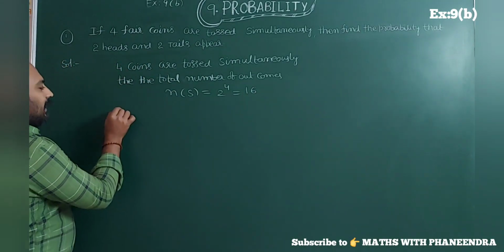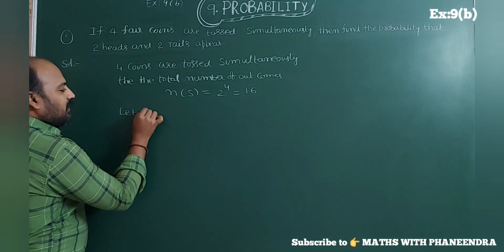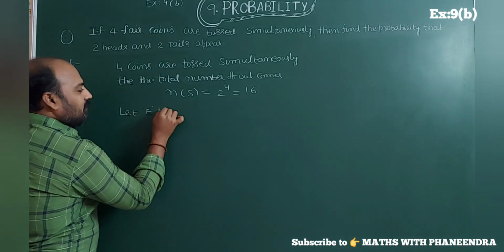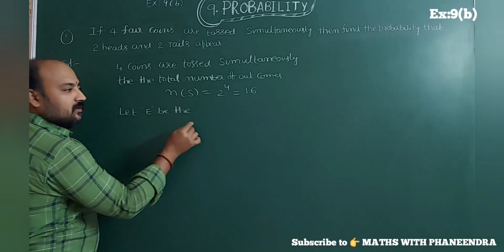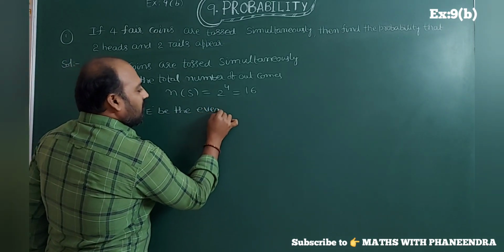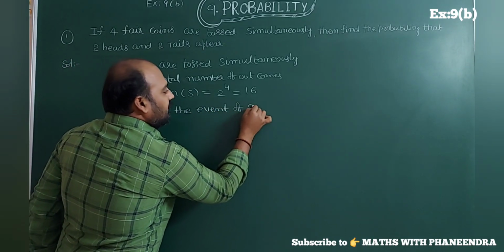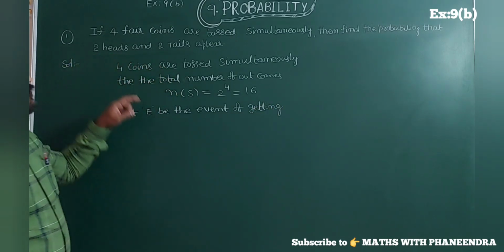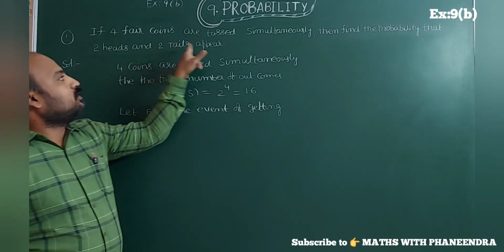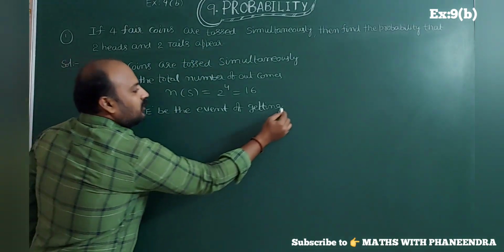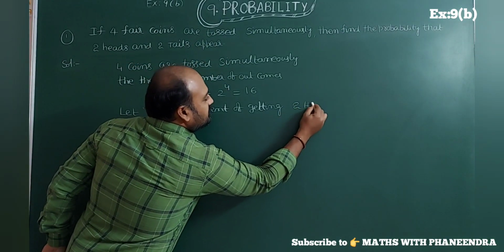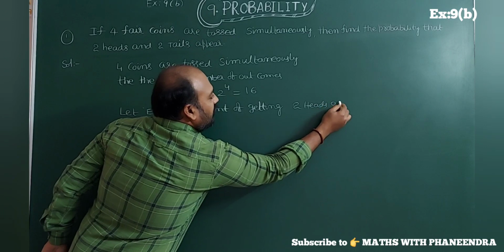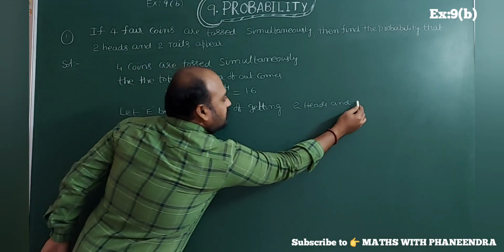Next, let E be the event of getting 2 heads and 2 tails.